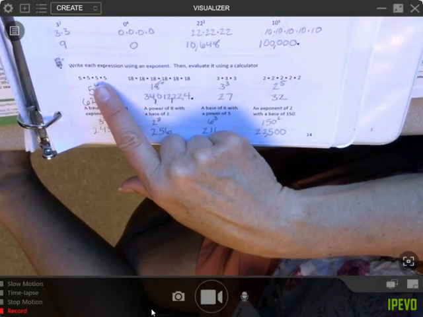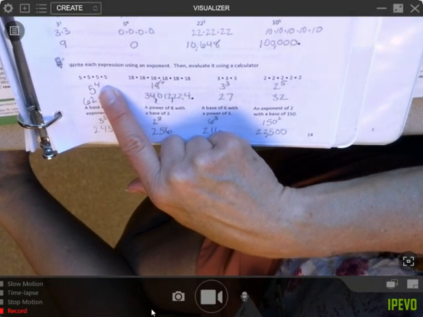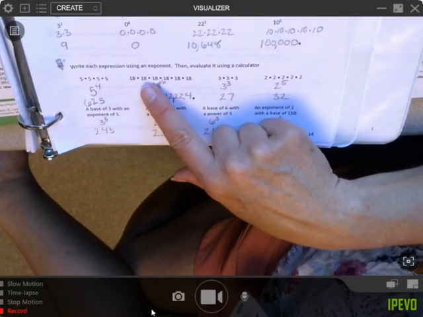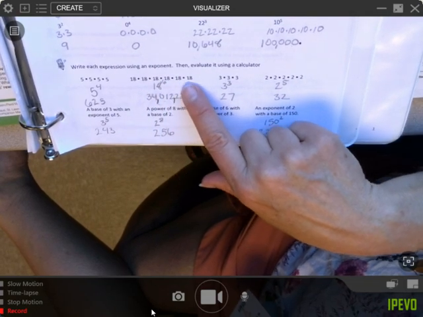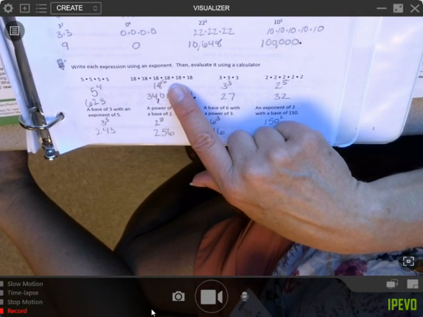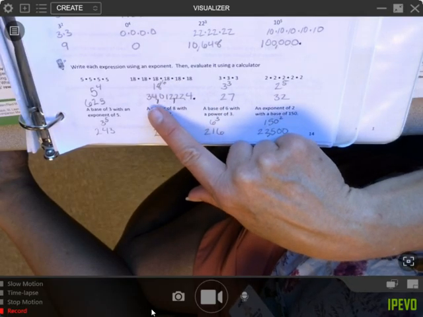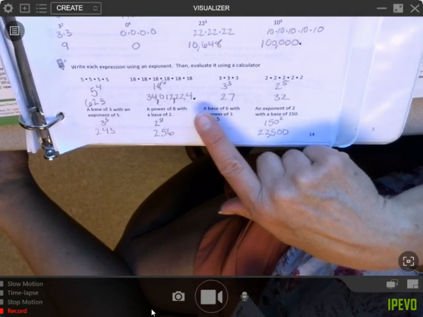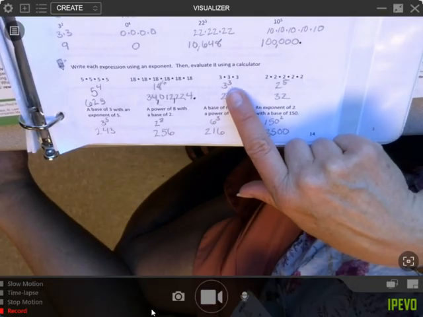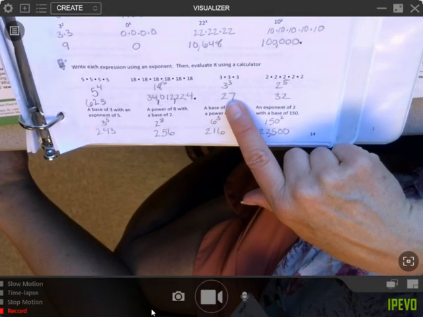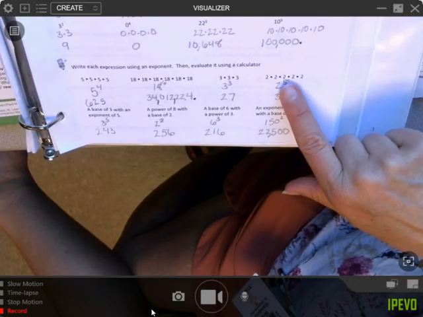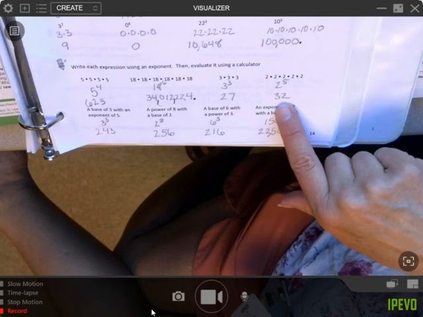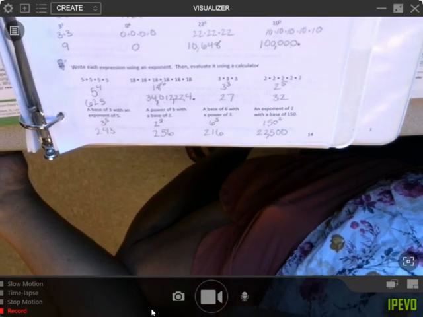So 5 times 5 times 5 times 5 is 5 to the fourth power, which would be 625. 18 times 18 times 18 times 18 times 18 times 18 is 18 to the sixth power, which is 34,012,224. 3 times 3 times 3 is 3 to the third power, which is 27. 2 times 2 times 2 times 2 times 2 is 2 to the fifth power, which is 32. Any questions on that row?